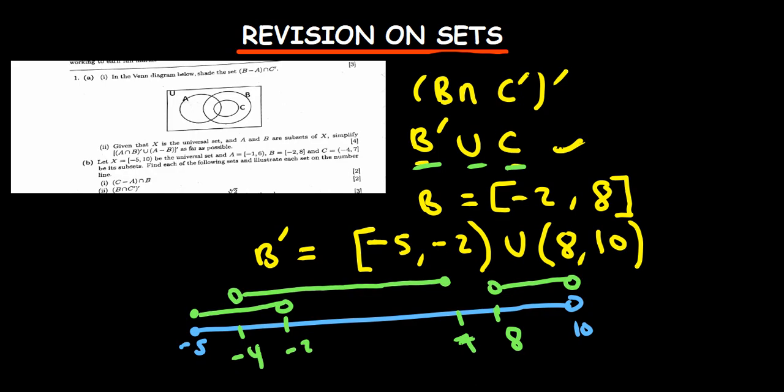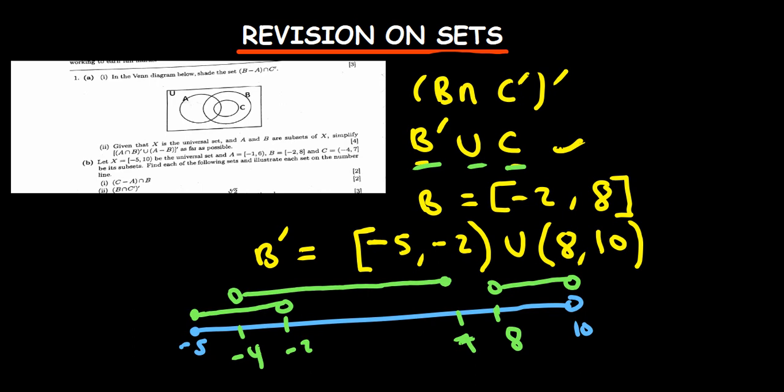From here I can move continuously from negative 5 all the way up to 7.